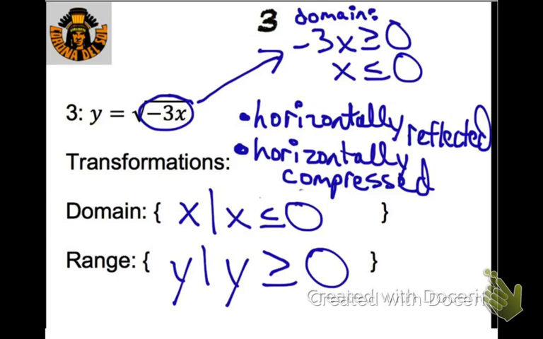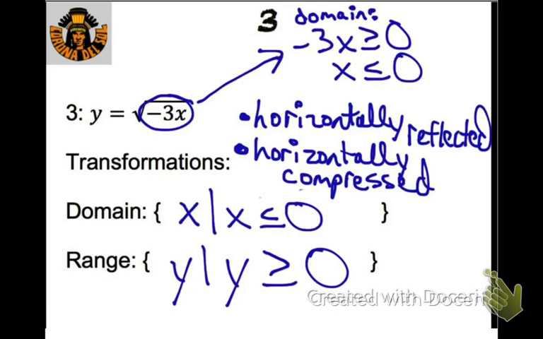All right, this one, I guess I already have the answer here. This one is going to be horizontally reflected because of the negative underneath the radical. And then it's got the 3 under there, so that's horizontally compressed. And remember, it's a little backwards: whenever the number is bigger than 1 and it's underneath the radical, then it's going to be compressed.